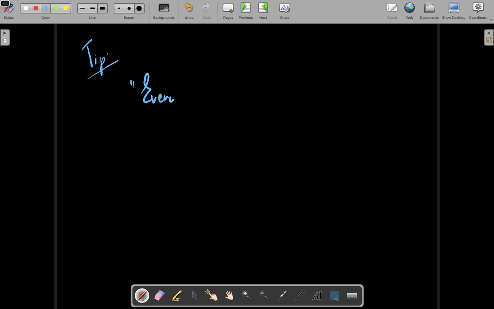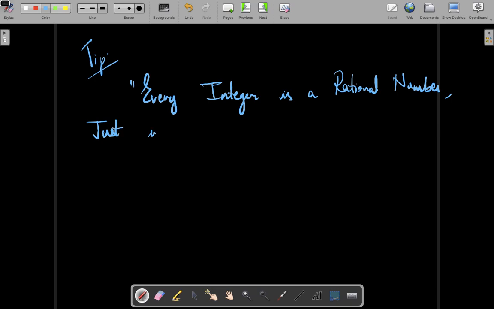Every integer is a rational number. Please do remember this. I repeat it. Every integer is a rational number. Just write it as the number over 1. Okay?